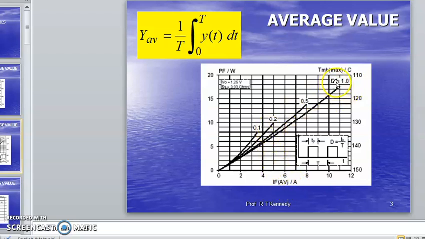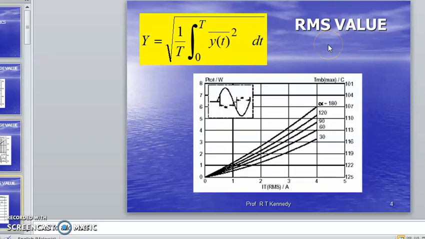In terms of DC, it is fully conducting all the time, so this is the dissipated power or heat that will be emitted by the device. But if its duty cycle is only 50%, 0.5 or lesser, 20% or 10%, this is the trend of the amount of current that it can conduct compared to the amount of heat or losses produced by the device. So all are referred to in average.